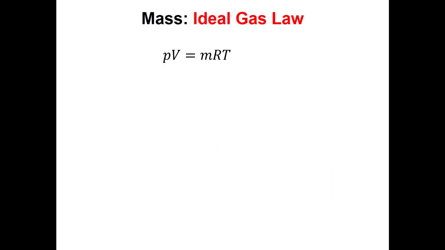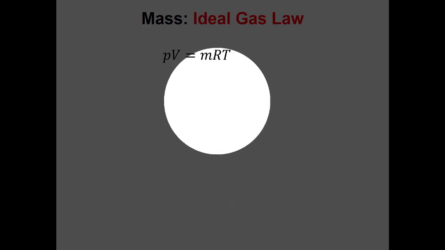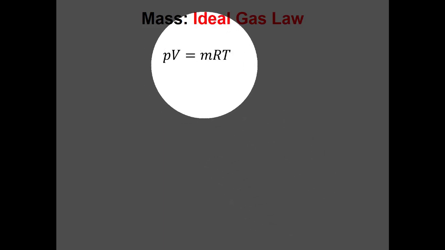So the first thing that I want to do is find the mass, right? Eventually I'm going to have to pick: is it constant specific heat or variable specific heat? But I don't have to do that yet because I can find the mass with the ideal gas law. So if I can find a state where I know a bunch of stuff, then I can use the ideal gas law.